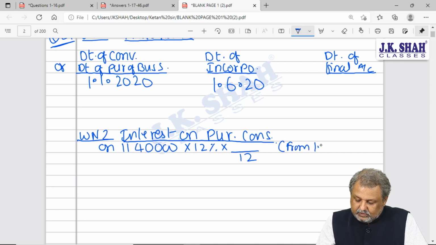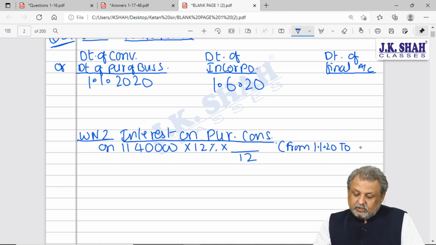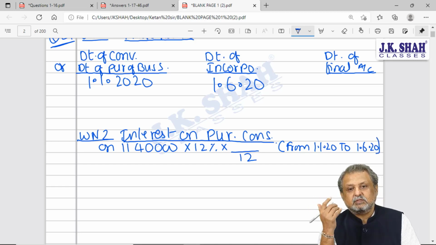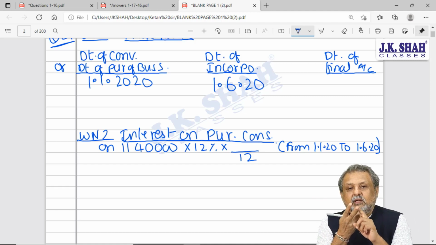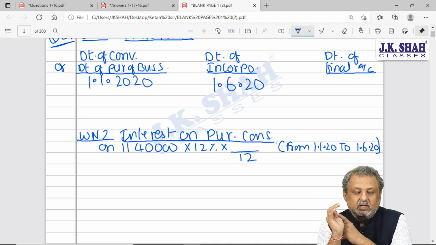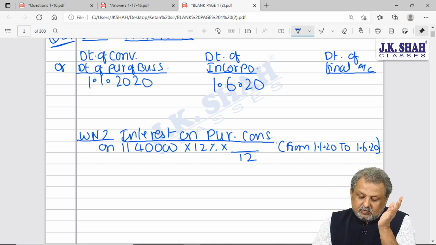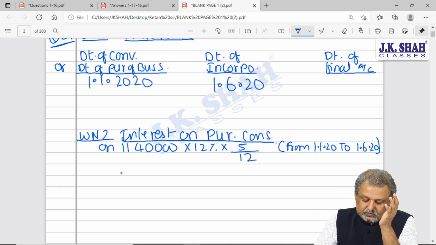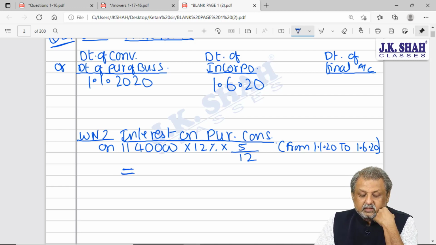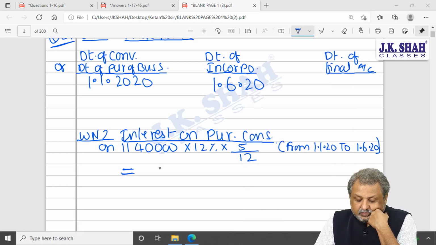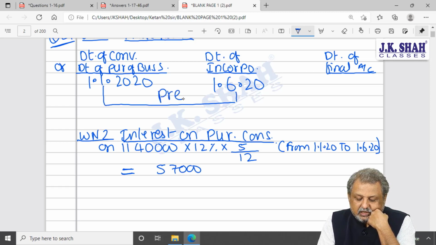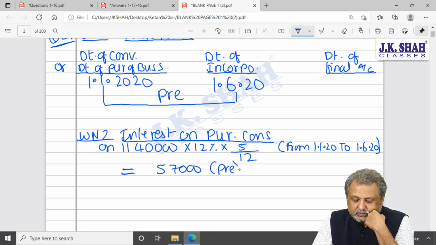From 1st January 20 to 1st June 20. So count the number of months. January, February, March, April, May. 5 months. You will not take June because it is 1st June. Tell me, that will come to 57,000. Now look at this time ratio and tell me, this is entirely pre-period, so this interest will come in pre-period.